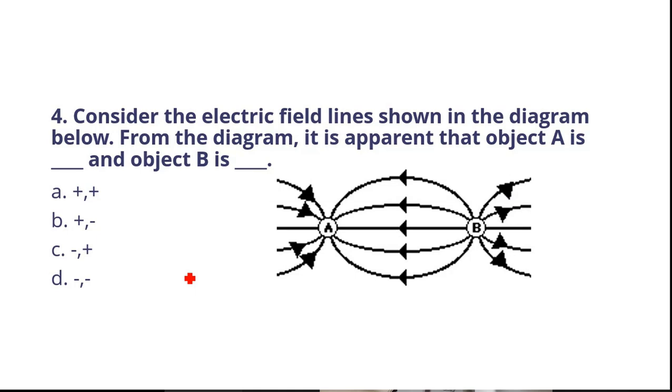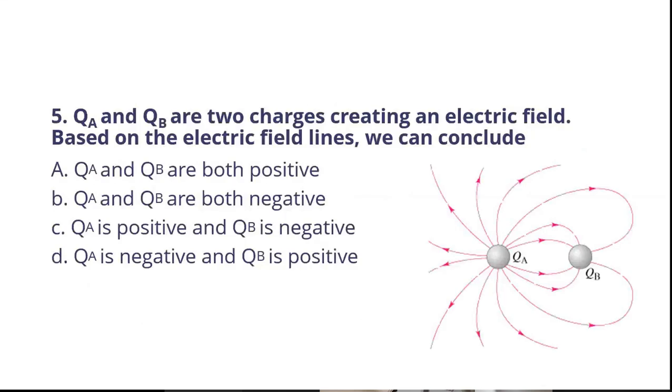Last, number 5. A and B are both positive. A and B are both negative. A positive, B negative, or A negative, B positive.